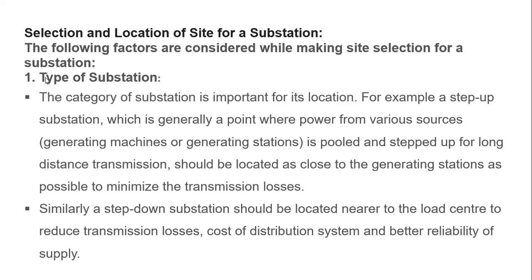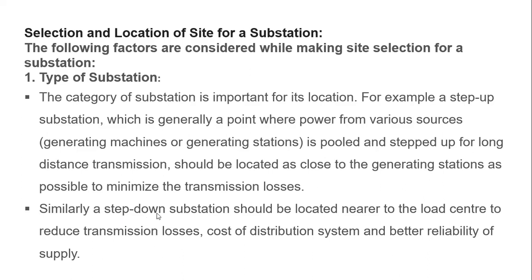Okay, that's why first of all we decide which type of substation should be located. Okay, on the basis of the type of the substation, the place will be decided. Okay, for example, we are taking the step-up substation that will be near to the generating stations for minimizing the transmission losses. And also we are taking another example, that is step-down substation.